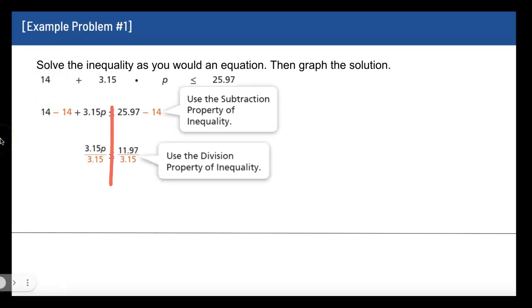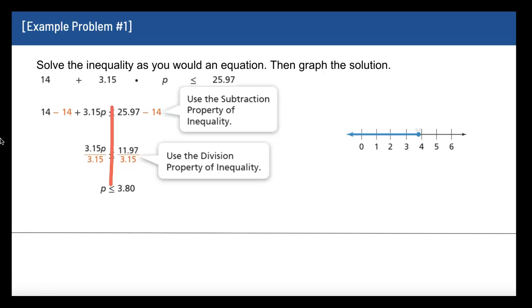We use the division property of inequality to then divide by 3.15. This will isolate p so that we end up with p is less than or equal to 3.8. We get this 3.8 because 25.97 minus 14 is 11.97, and divided by 3.15 gets us 3.8.